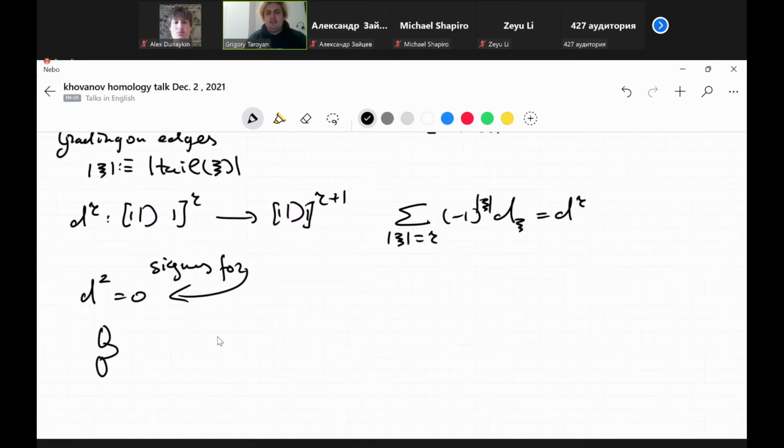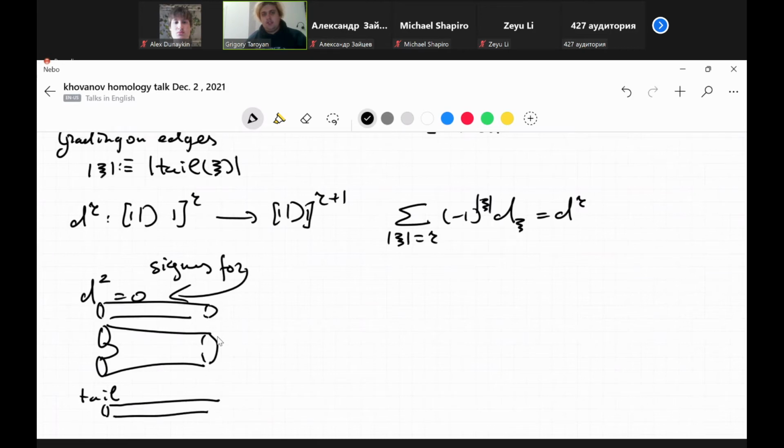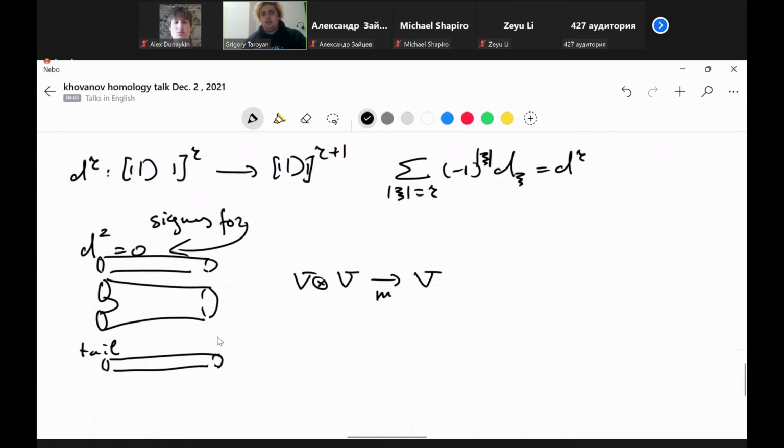So it is convenient to think of it like this. We had a resolution here at the tail of the edge, and perhaps we had two circles here. It became one circle, and all other circles did not do anything on this edge, so they're just idling here around this surface. That corresponds to a mapping from tensor product to V. It is natural to think of it as a multiplication in a certain algebra.